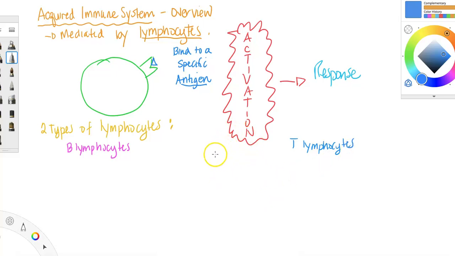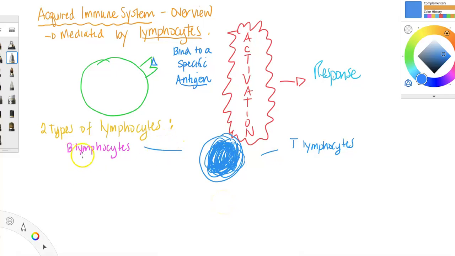They both kind of look alike in the sense that they both kind of look like this. Remember, they're lymphocytes, so they're just a cell with a little bit of cytoplasm and a big old crazy nucleus in it like that. Okay? So they both pretty much look like that.